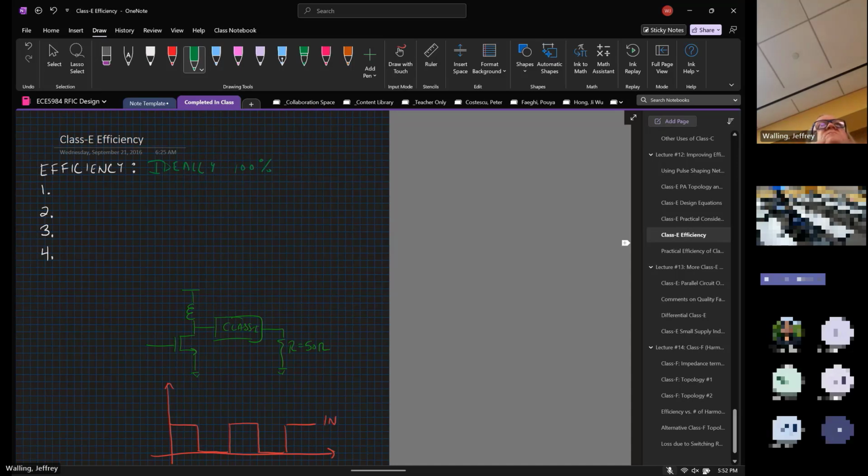All the power that we do generate is transitioned to the load. Great. Of course, in reality, we have some finite switching resistance in our switch, so we have that ohmic loss or conduction loss. Our matching network definitely has loss.